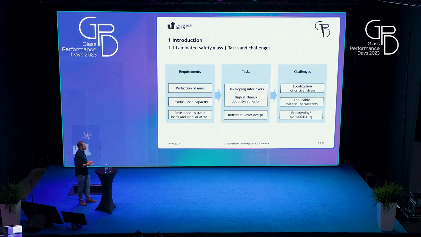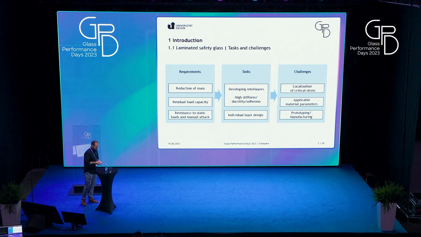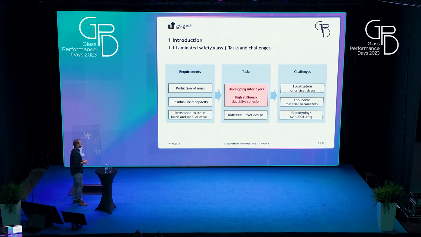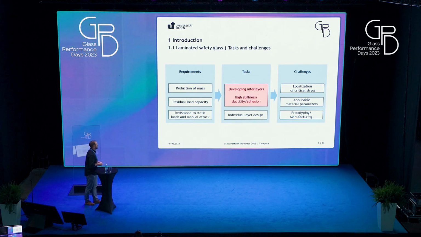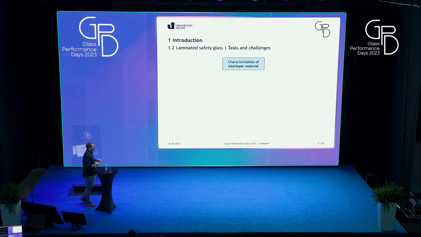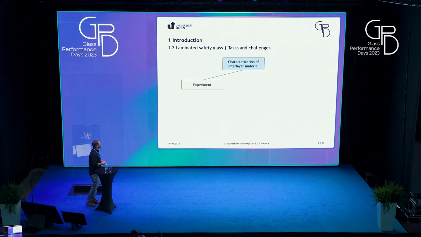What happens during a prototyping process and what happens during the manufacturing. The highlighted box in the middle, developing of interlayers, is important, so we take the characterization of the interlayer material on the top of this chart.